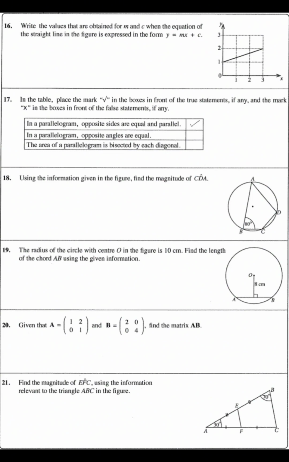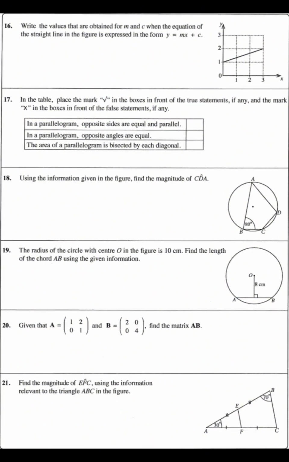The second one, in a parallelogram opposite angles are equal. Yes, that one is also correct. The area of the parallelogram is bisected by each diagonal. Yes, that one is also correct. Therefore, all three are correct. That is the answer for the 17th question.